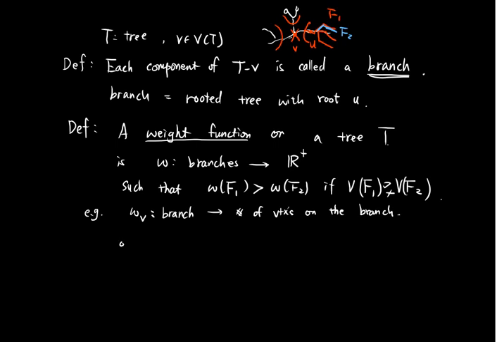For example, if we have a P4 like this, then we put a pivot here. Okay, and then we can consider the branch on the left, branch on the right, and this branch has one vertex, so the weight is equal to 1. The weight is equal to 2 on the right hand side.